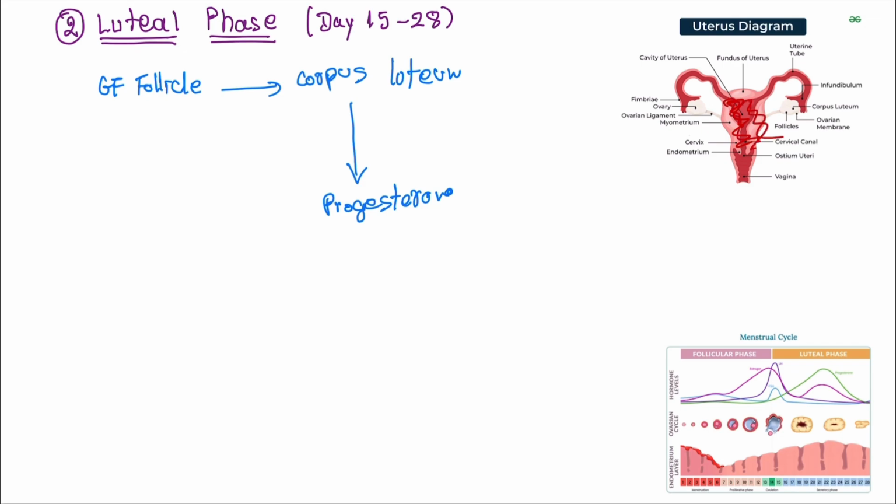Like the growth of the endometrium with estrogen, progesterone also acts on it, but it has contrasting actions to estrogen. Progesterone sends negative feedback to the brain to stop releasing GnRH, gonadotropin releasing hormone, FSH, follicle stimulating hormone, and luteinizing hormone.